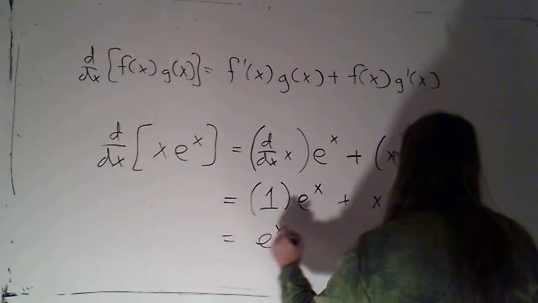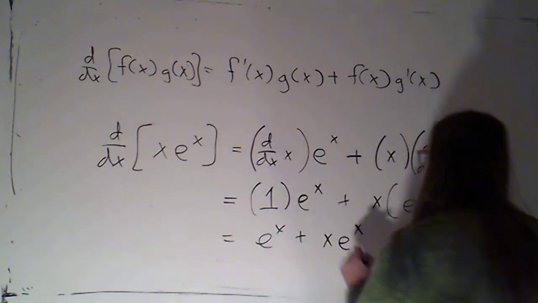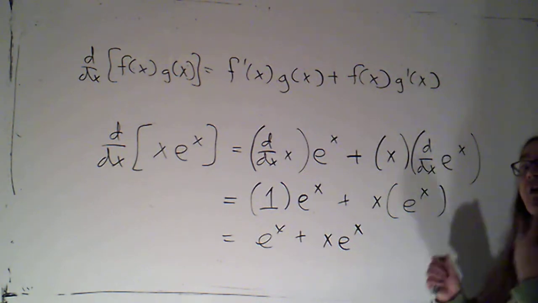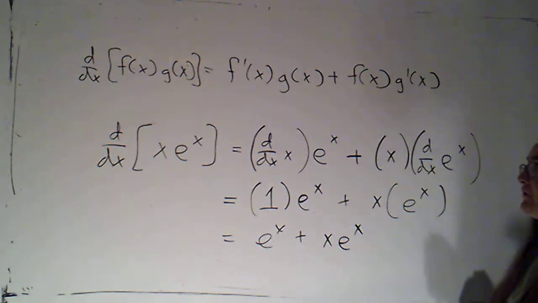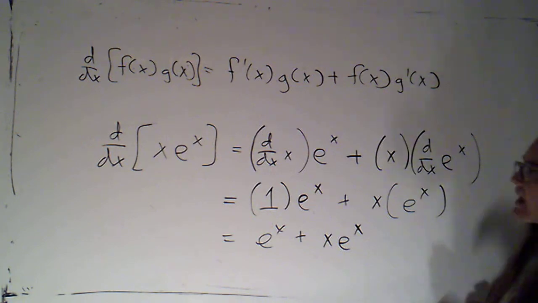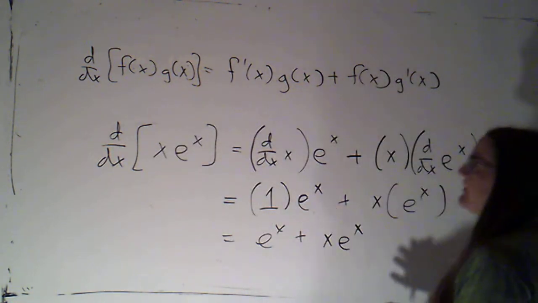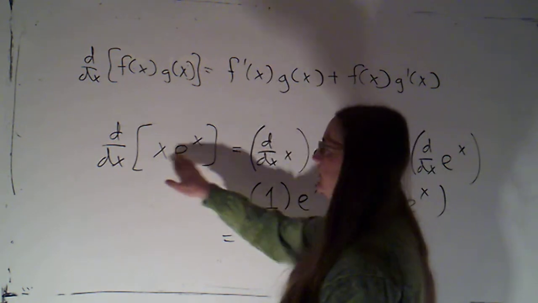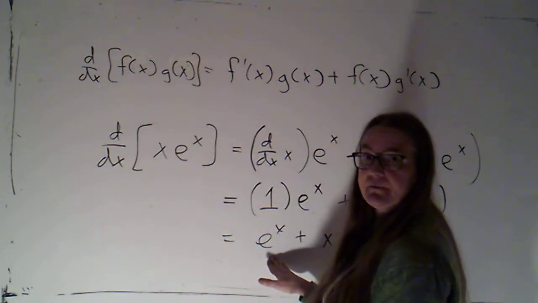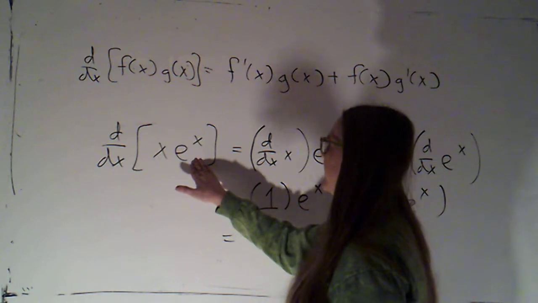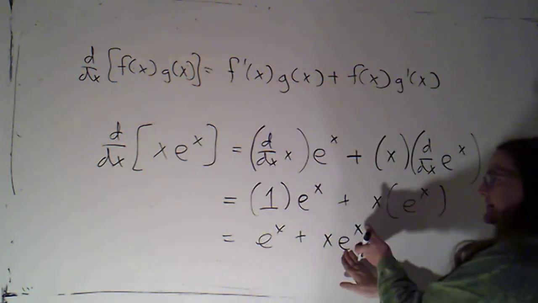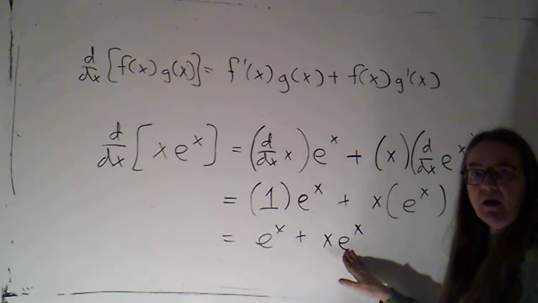So what we get is e to the x plus x e to the x. As you get more comfortable with derivatives, you may feel comfortable going right from here to here. Just mentally saying the derivative of x is 1 times e to the x gives me e to the x. Plus x times the derivative of e to the x is e to the x. That gives me my second term.